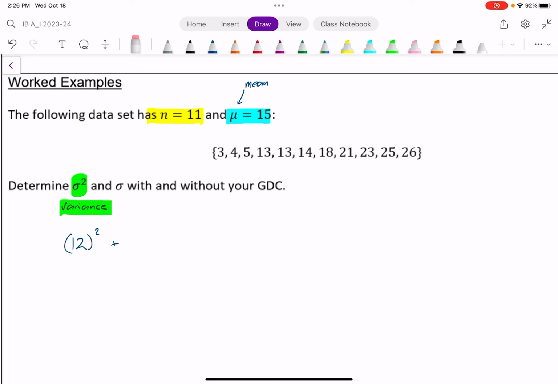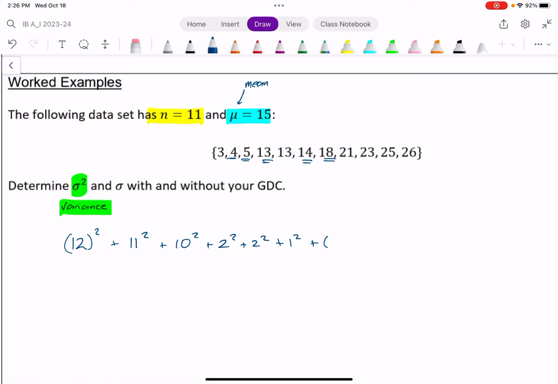So next I got 15 take away 4, which is 11, and I square that. Helps if I know my math. And I keep going. Then I got 5. The difference between 15 and 5 is 10, and I square it. Difference between 15 and 13 is 2, and I square it, and I got that twice. Difference between 14 and 15 is 1, and I square it. And then I get to the negatives here.